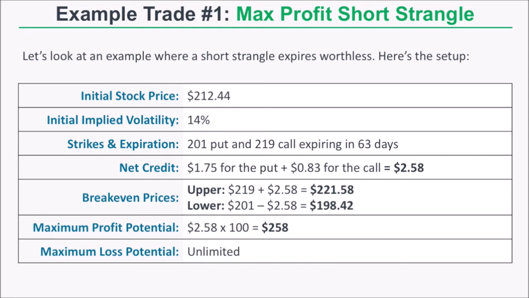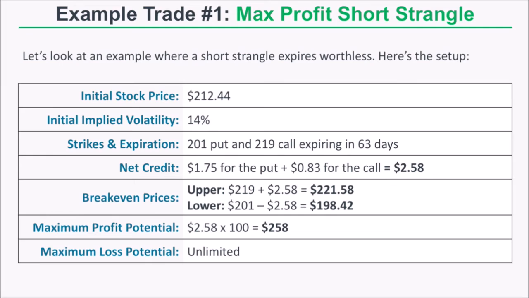The initial stock price at entry is $212.44, and the initial implied volatility is 14%. Now the strike prices we're going to use are the 201 put and the 219 call that expire in 63 days. Now, at the time of selling these options, we'll collect a net credit of $2.58 because we'll be selling the put for $1.75 and the call for 83 cents.